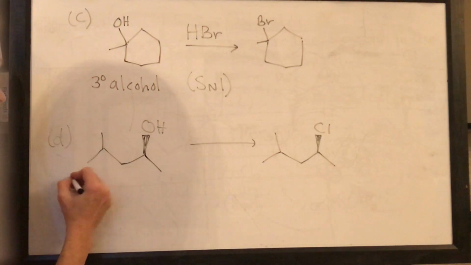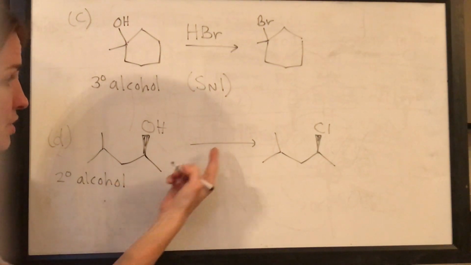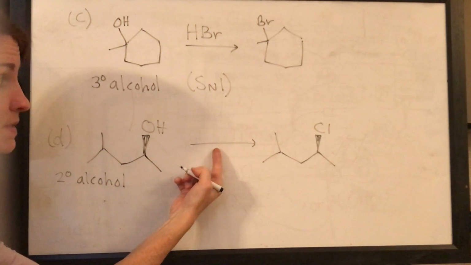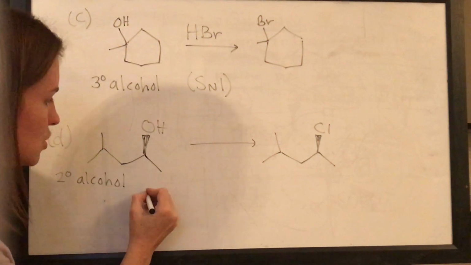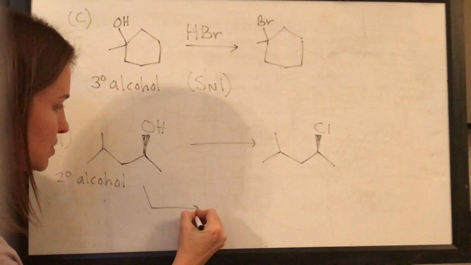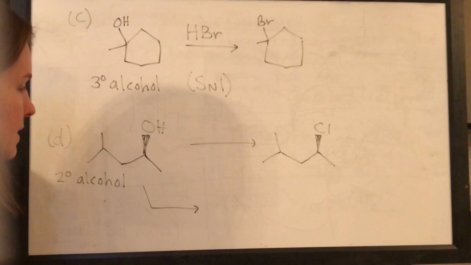Since this is a secondary alcohol, the normal way to do this is with thionyl chloride, SOCl2, but that would give an inversion of configuration. If we want to not have an inversion of configuration, what we actually have to do is do two SN2 reactions back to back.